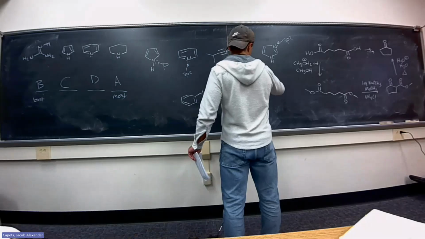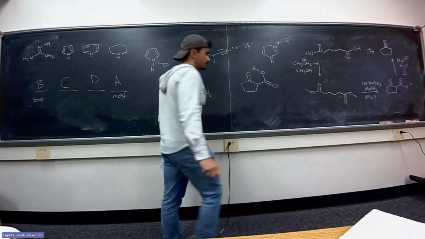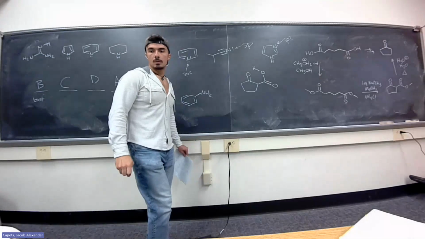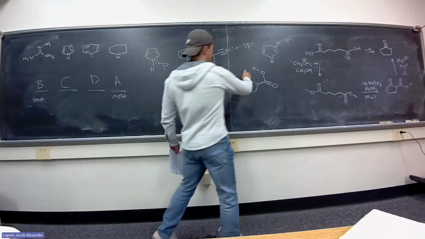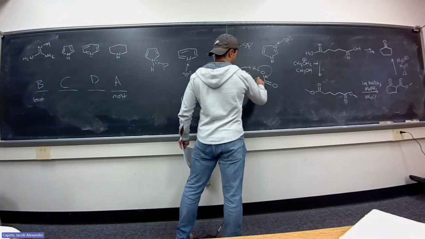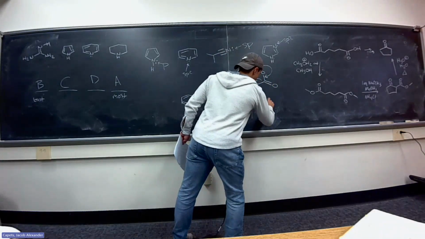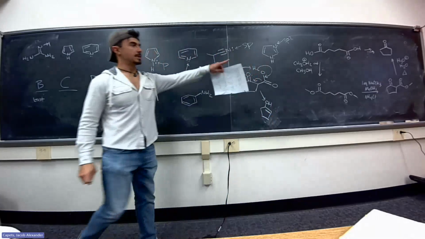So the H3O plus and water makes a carboxylic acid. One step. And then the decarboxylation step makes an enol that you tautomerize in acidic conditions.